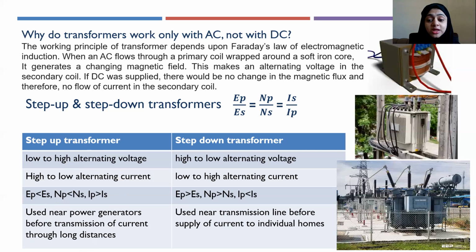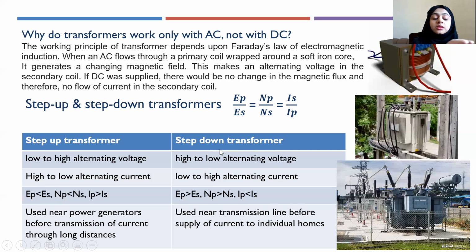Now, when we get back the current, we don't need this high voltage current in our homes. We need to reduce the voltage. So what should we do? We should use a step-down transformer.